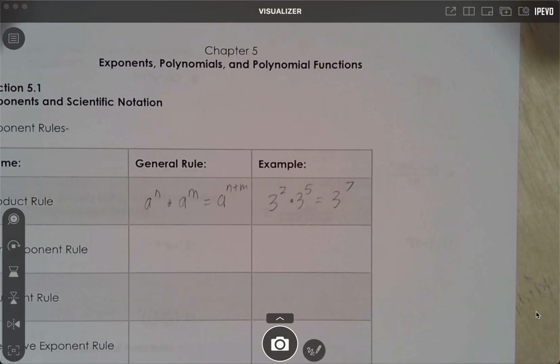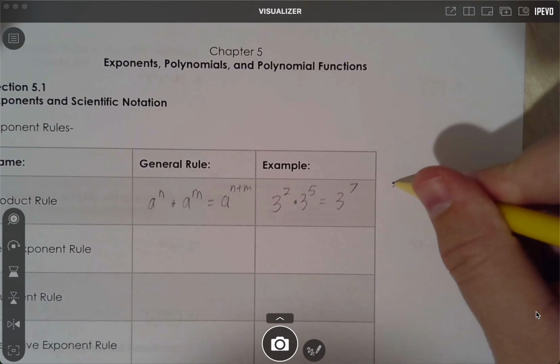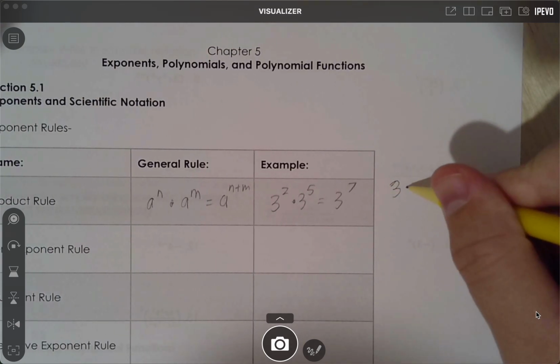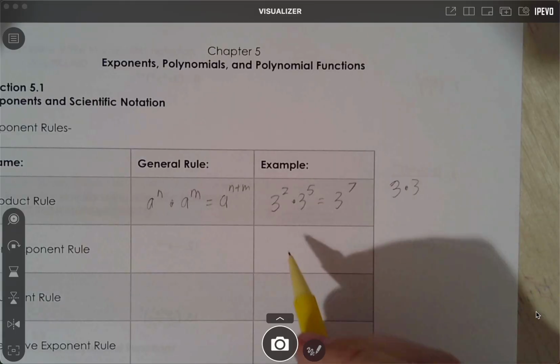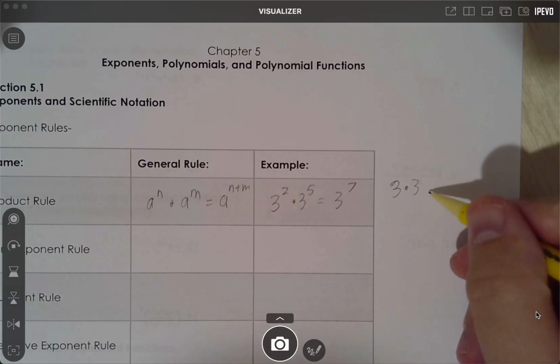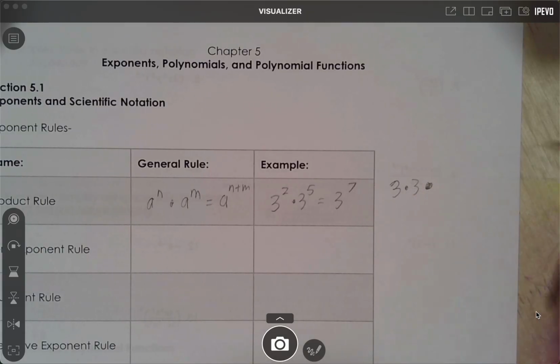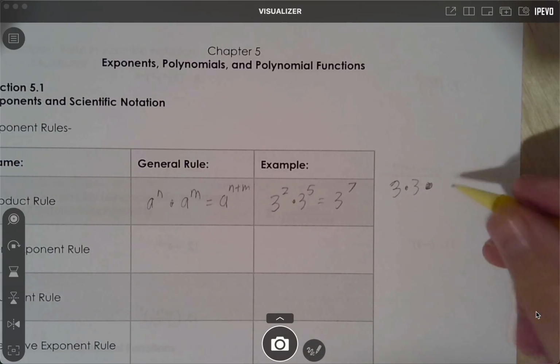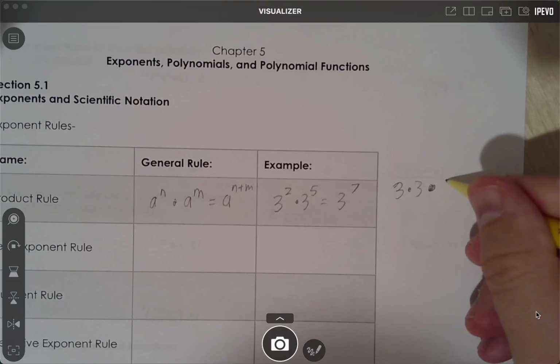And we won't do this for all the rules, but for an example of that, why is that true? Just remember that 3 squared is really 3 times 3, and we're multiplying by, so maybe I'll just draw a bigger multiplication dot to represent that. But really the size there is not meaning anything different mathematically. So 3 to the 5th would be represented like this.